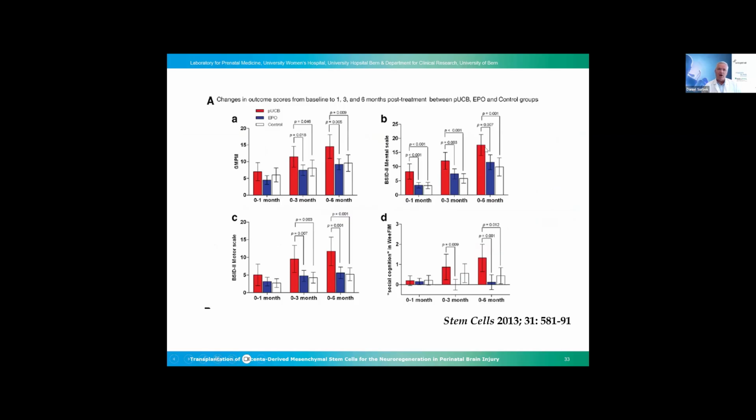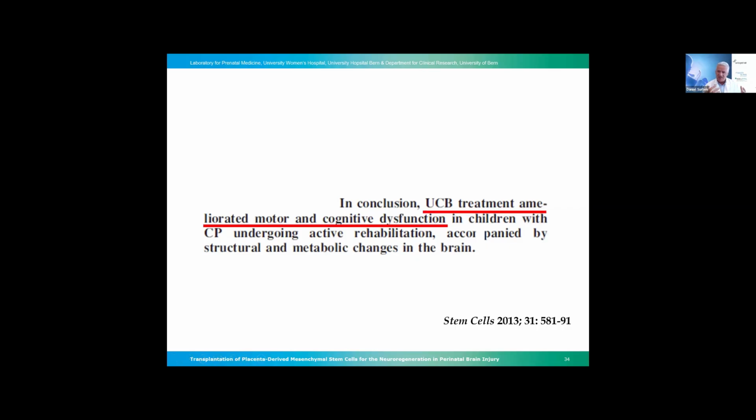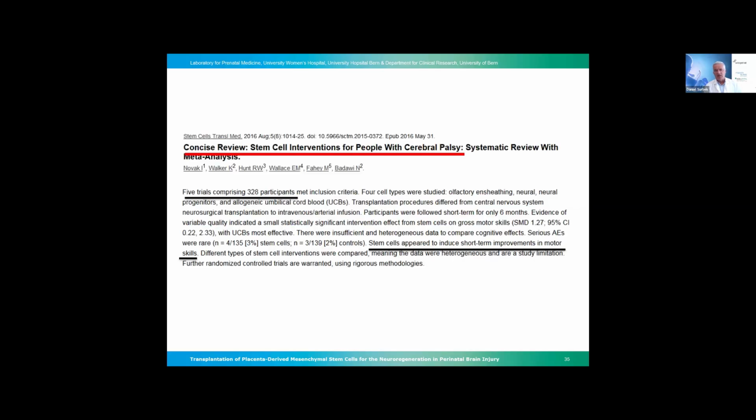You see the red line is actually the motor function, but also mental scales and social cognition function. So there seems to be a clear positive effect of this treatment on the status of these children, and they concluded also that there is an amelioration not only of motor deficits but also of cognitive dysfunction.